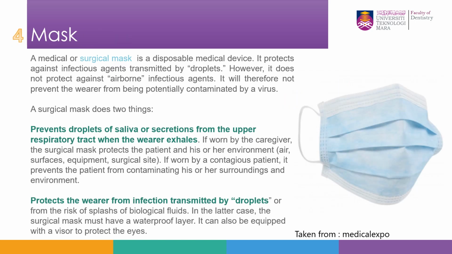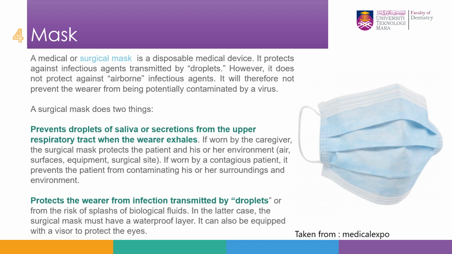Okay, so a medical or what we call surgical mask is a disposable medical device. It's considered as a medical device, and it's supposed to protect from any infectious agent transmitted by the droplets, but it's not really protecting you from the airborne infectious agent because the type or the material of the mask does matter in this case.